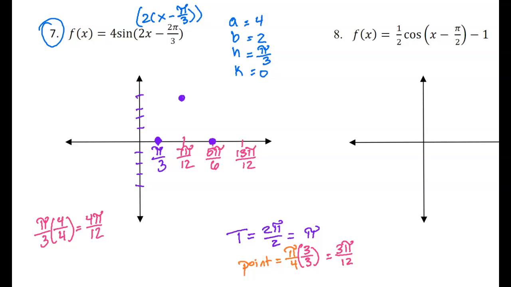Then I go to my min, and I have to go back to the x-axis. So we do have to finish finding that last tick mark, which is just 13 pi over 12 plus another 3. So that's 16 pi over 12, which simplifies to 4 pi over 3. Then you connect your points and you're done.